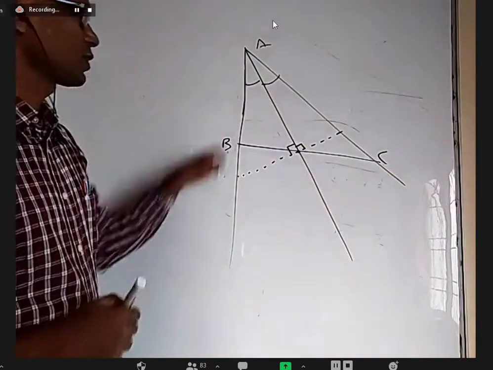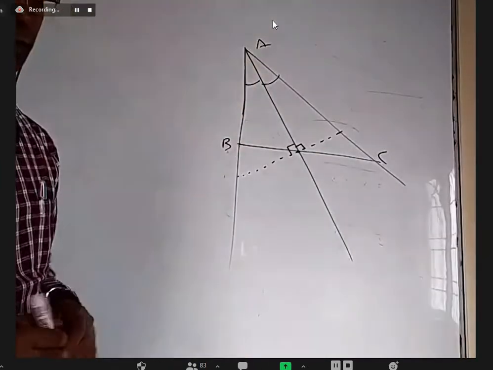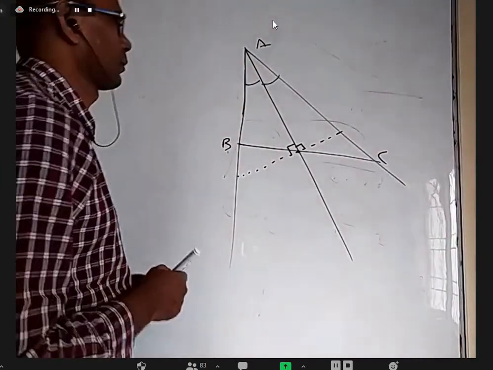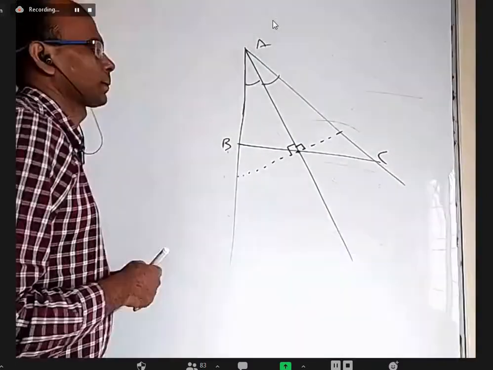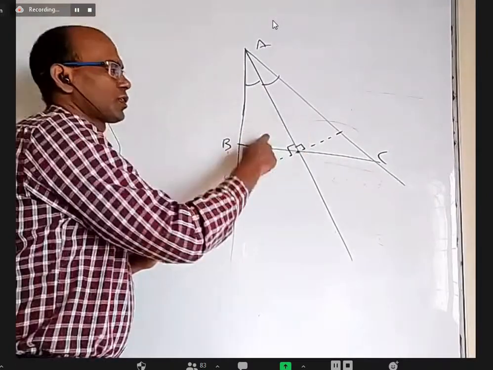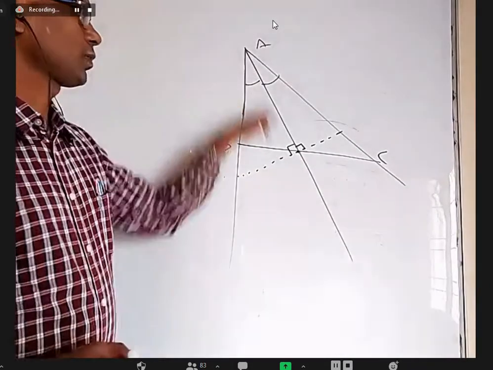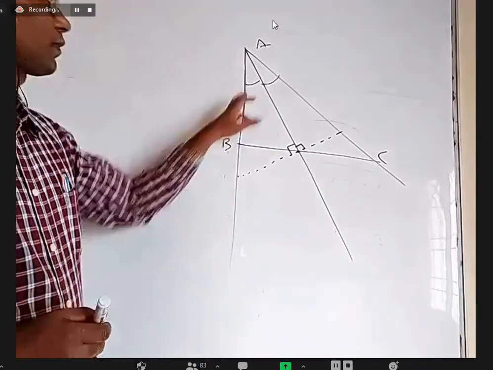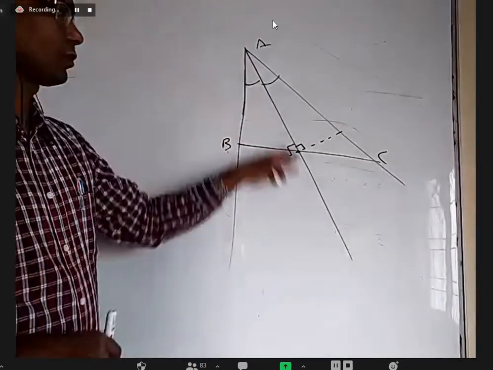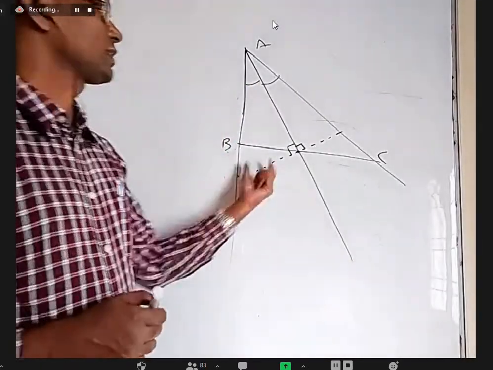Then obviously this should be an isosceles triangle. Why? Because these are congruent triangles, isn't it? Because these two angles are equal, there is a common side. In fact, all three angles are equal and there is one common side. So even this length and this length are equal.